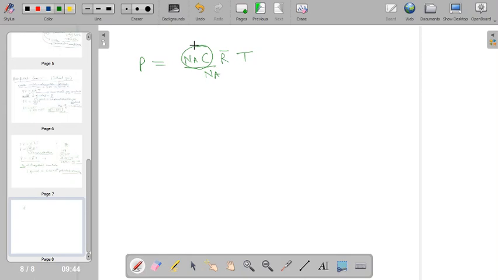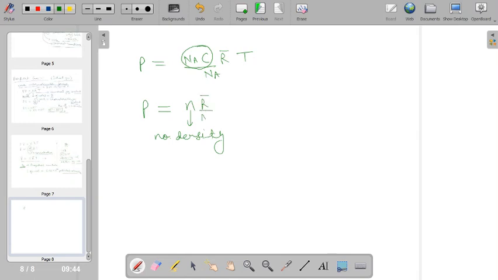This will give us the number density. Okay, the number of molecules in unit volume of a gas. Is this point clear? So this will become P equal to N, where N is called the number density of a gas.